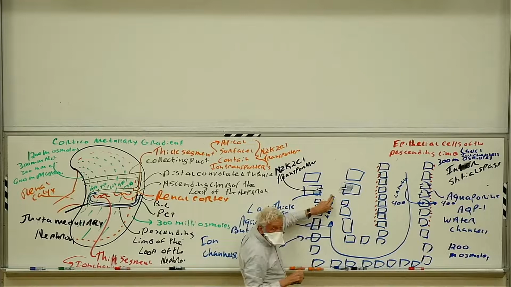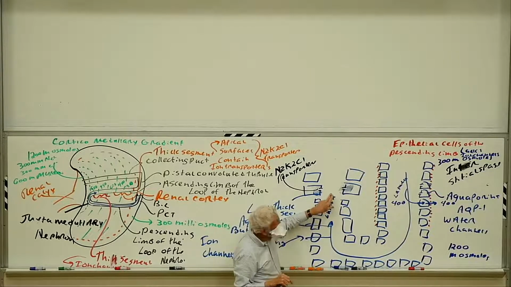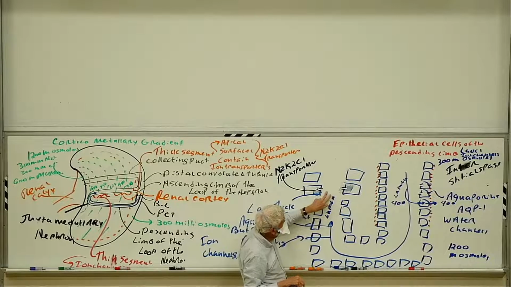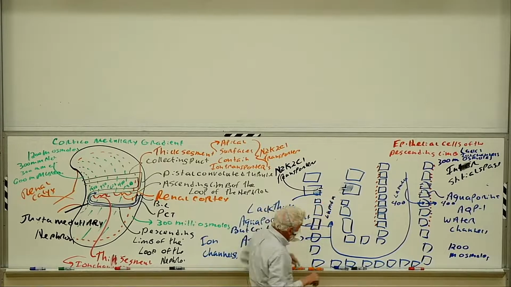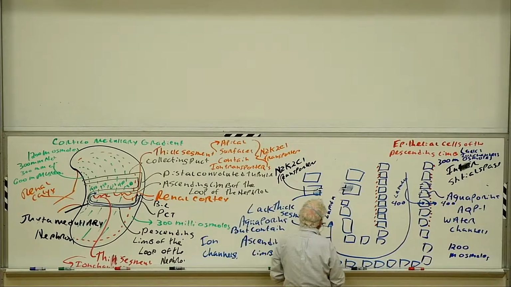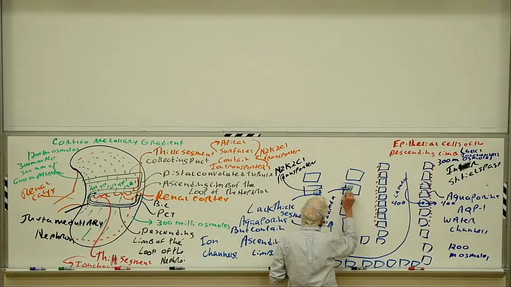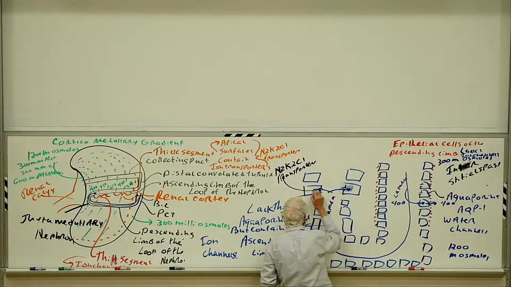So what these proteins are doing is they're snagging sodium ions and potassium ions and chloride ions that are in the lumen. And they're moving those ions into the epithelial cells.